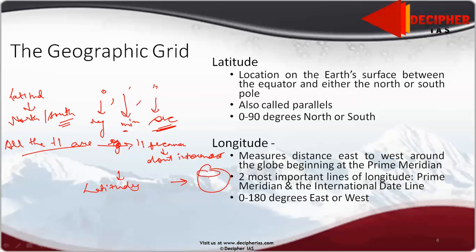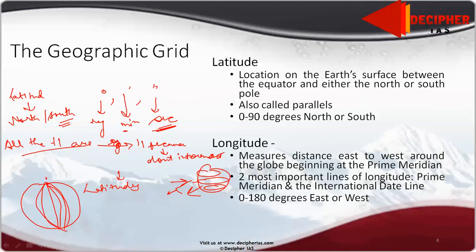See here, these are exactly parallel to each other. Though the diameter of the circle will vary, at the equator it will be largest, but it will be parallel. But longitudes are not parallel. The longitudes are not parallel and they intersect. So whatever intersects can't be parallel.